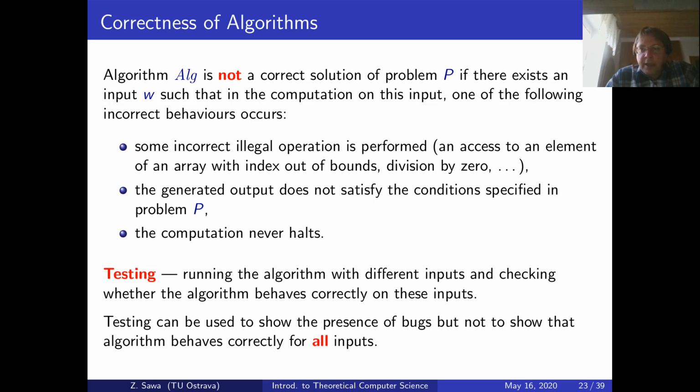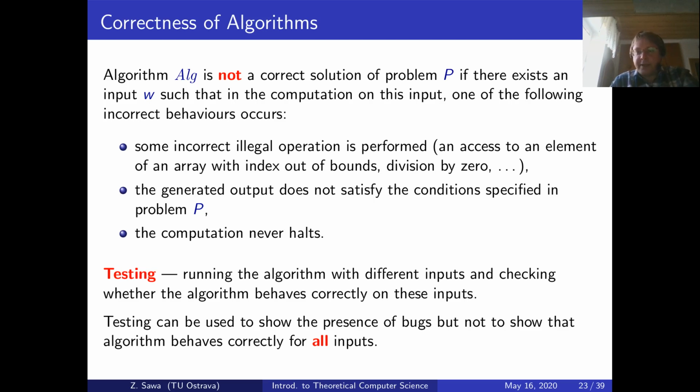In some languages the result could be throwing some kind of exception, or some kind of segmentation fault, or performing some nonsense, incorrect operation, like in the programming language C, where maybe some unrelated part of memory is overwritten with some random value.